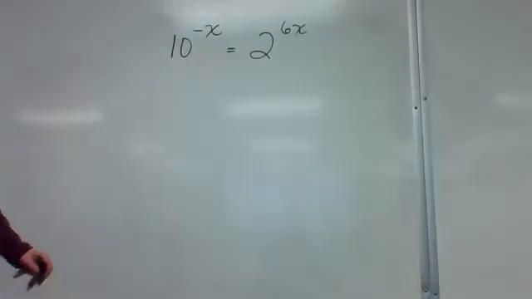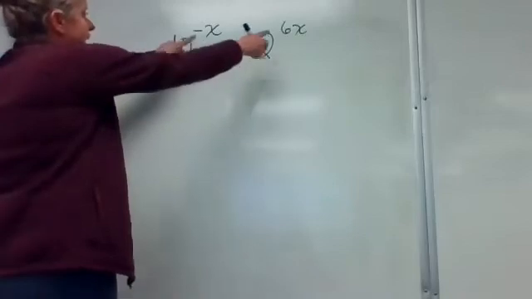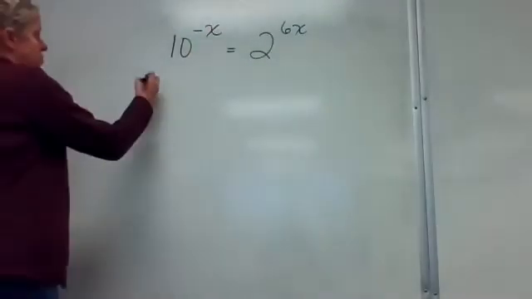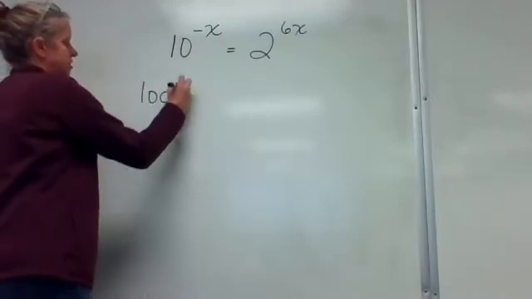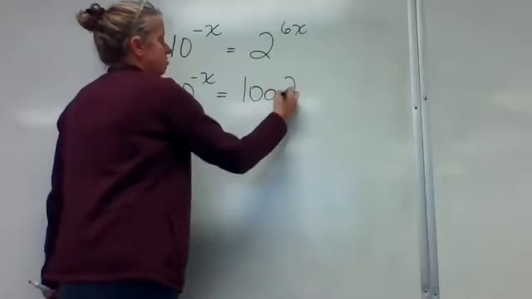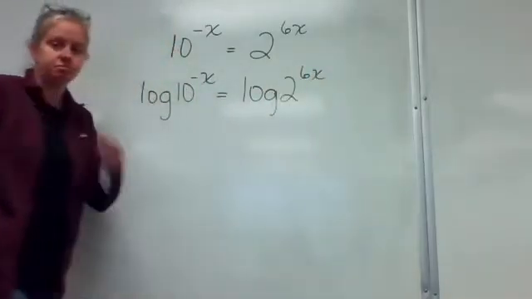Okay, so I am going to log both sides to get these x's down out of the exponents. So I'm going to have log of 10 to the negative x equals log of 2 to the 6x.